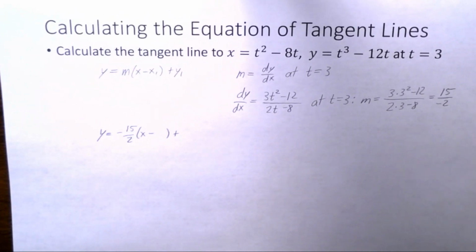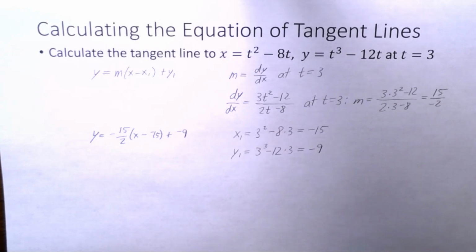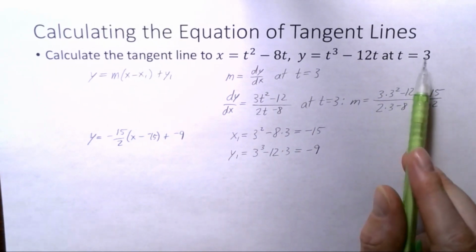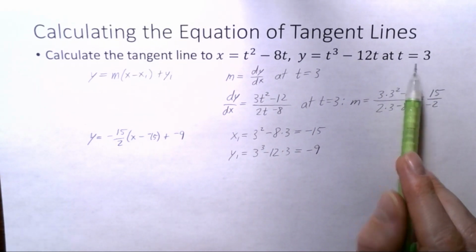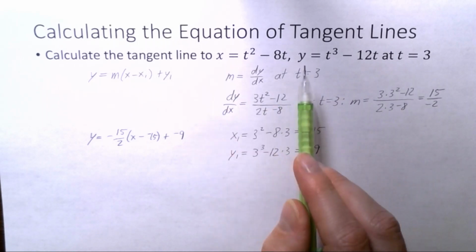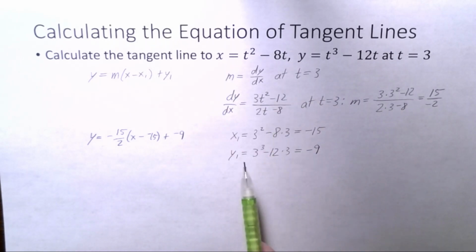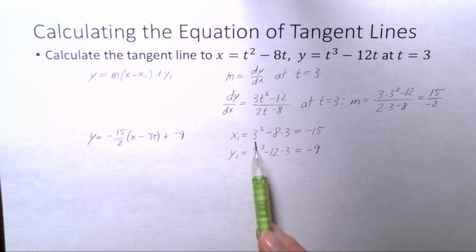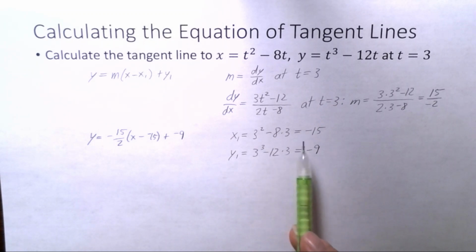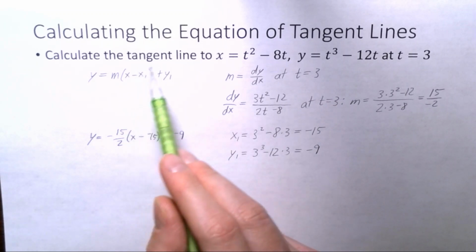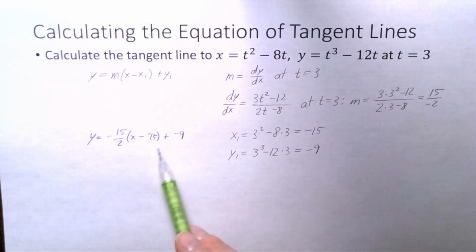Now, think about how we could calculate x1 and y1. To find x1 and y1, we plug our indicated value of t into, first of all, our equation for x to find the x value at that time, which in this case gives us negative 15 for the x value, which replaces x1 in our point-slope form of the line.